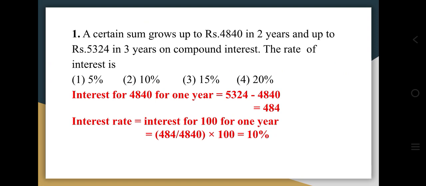If we cancel 484 in the numerator and denominator, it becomes 1 by 10. So 10 is in the denominator, 100 is in the numerator. If we cancel 10 with 100, we get 10. So the interest rate is 10%. So the answer is choice 2.